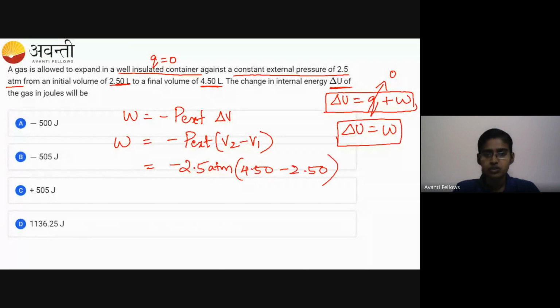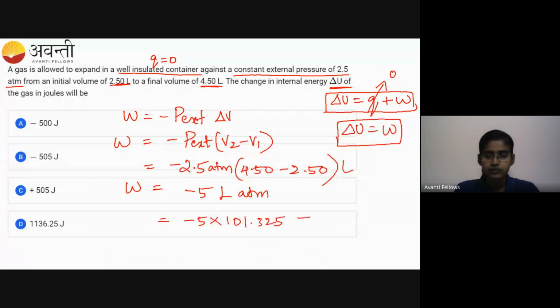So if we do this, what we will get? We will get 2.5 into 2, so that will be equal to minus 5 liter atmosphere. So this is in terms of liter atmosphere. Now we have to find out in terms of joules. To convert this liter atmosphere to joule, you have to multiply by the number 101.325.